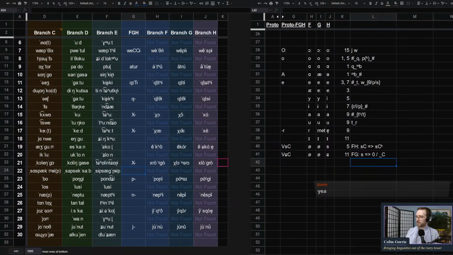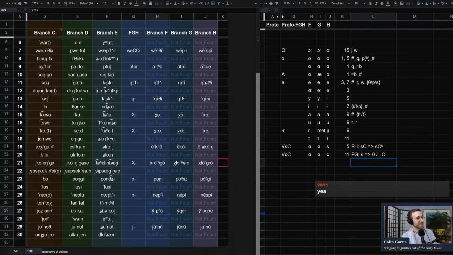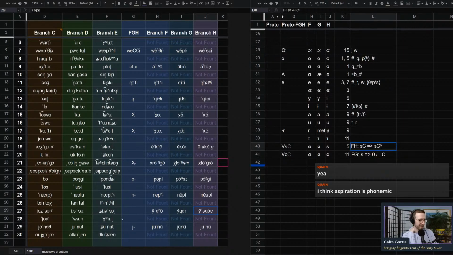Aspiration doesn't seem to have been triggered by S before Q in 27 though. Well, it does in F, but not in H. So maybe not then.